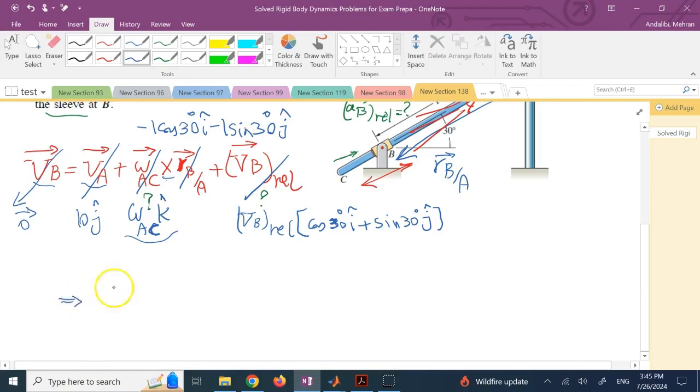So if we continue here, as I said, the i coefficients are equal and the j's. On the left-hand side, there is no i, no j, so both of them are 0. On the right-hand side, there is a 10j. Then as we move on, we have k cross i. You know, k cross i is j, but there is a negative. So that's going to be negative omega AC cosine 30, right?